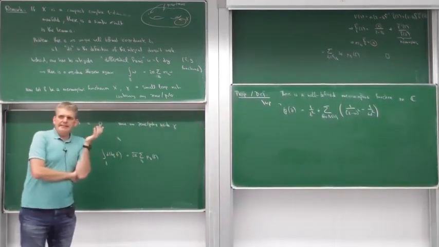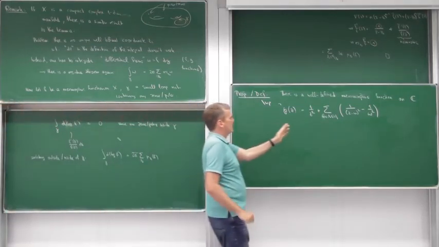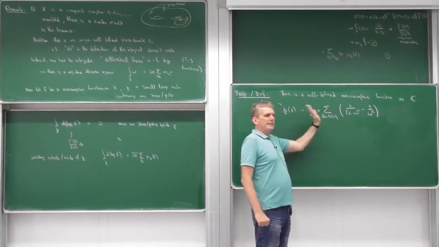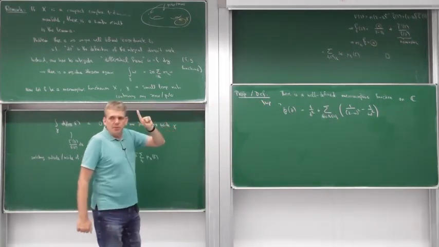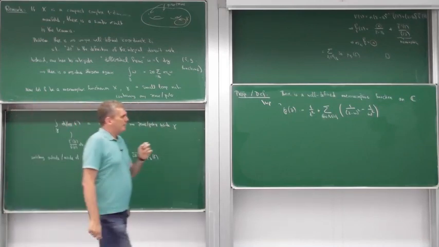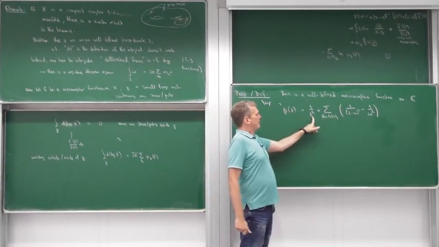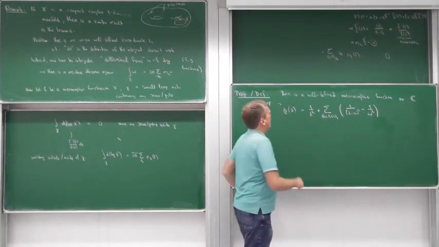So the claim is that it's a well-defined meromorphic function, which means that the sum converges and that it's holomorphic except for some poles. And the claim is actually the poles, which are pretty much visible, are the lattice points themselves. So there's the 1 over z squared, that's the pole at 0, and that's the pole at all other points of the lattice.